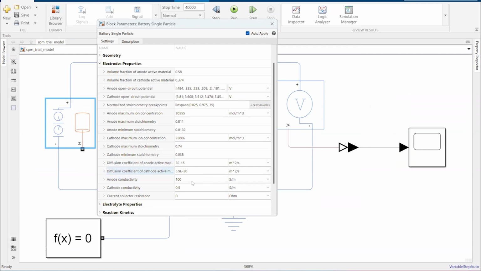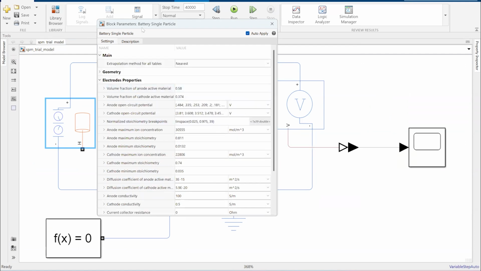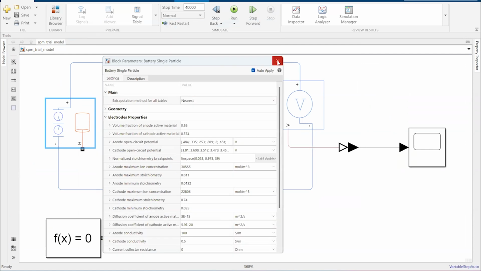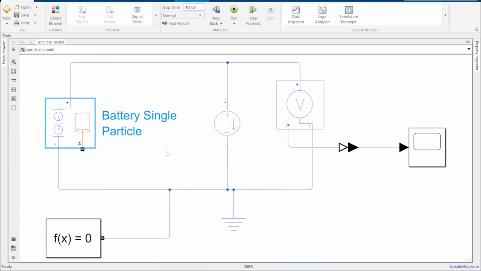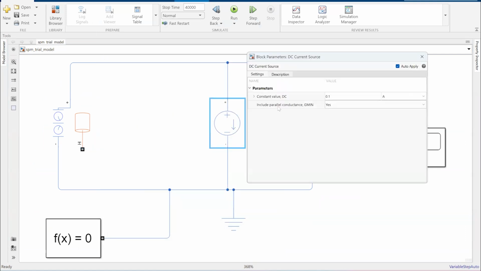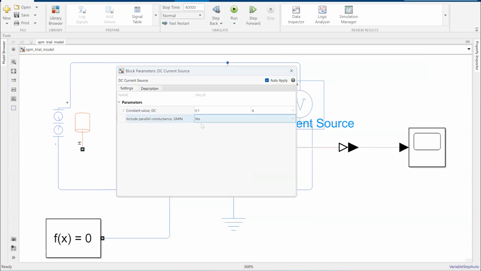You have to change them according to the cell that you're simulating, and then go for high current simulation. Just for information, this particular cell is being simulated at a DC current of 0.1 amperes. Again, right now it is not configured for high C rates of discharge.